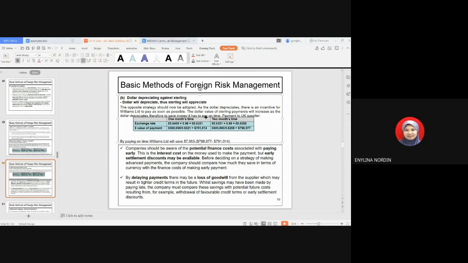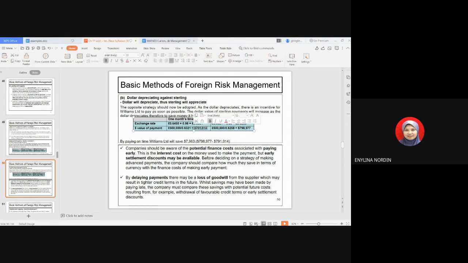This is the amount that the US company has to pay when the pound sterling is expected to appreciate. What happens if the US company waits until the next month or delays the payment instead of paying earlier? The pound sterling, as predicted, will appreciate further by 1%.